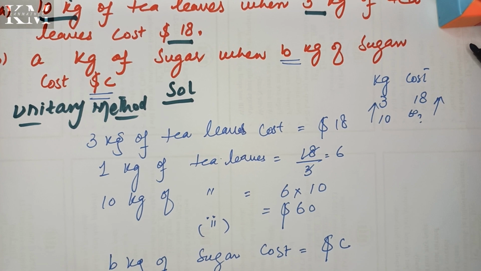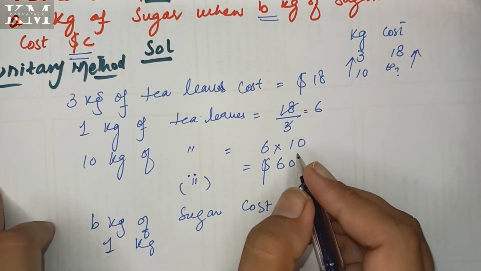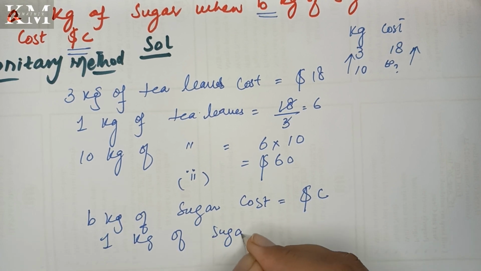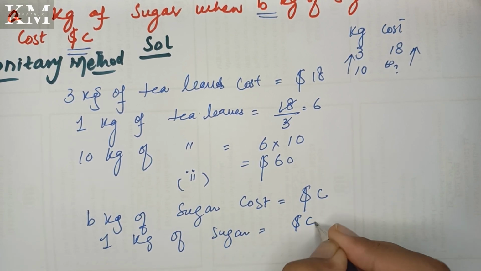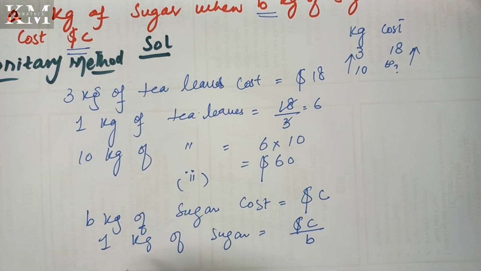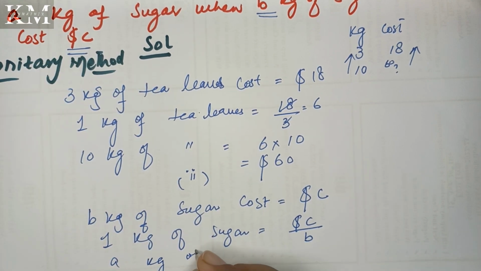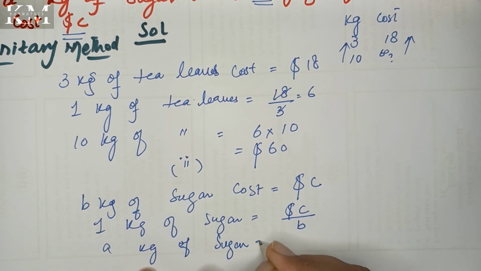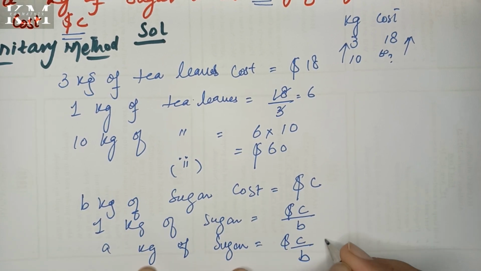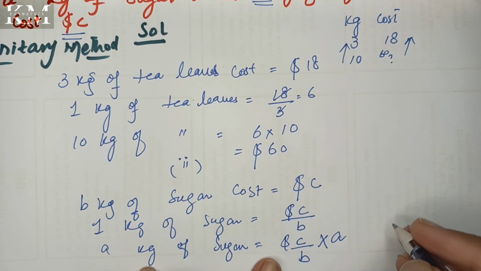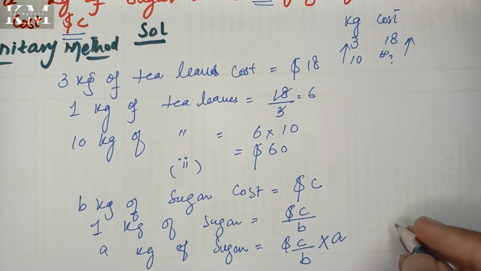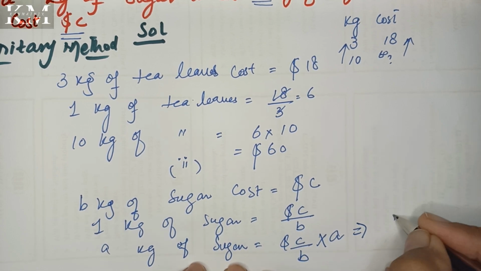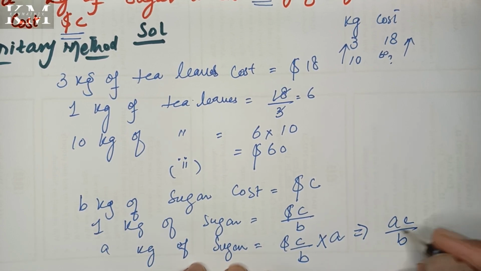So 1 kg of sugar, for 1 kg, obviously you have to divide, and for A kg of sugar, you multiply by A. So dear students, it's the general case, and you will just write it as AC by B.